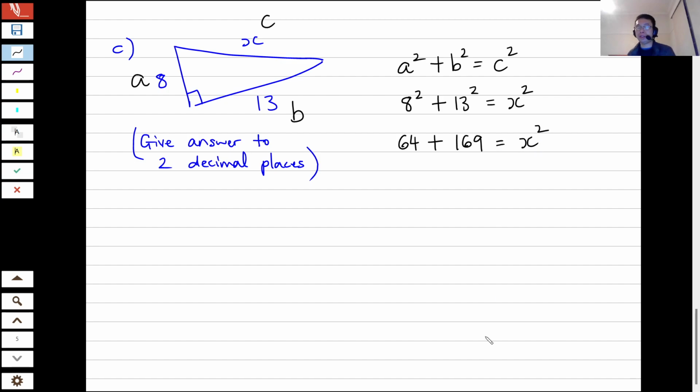And if I add those two numbers, I get x squared. You can use a calculator if you don't know 13 times 13. That's totally fine. Okay, if I add 64 and 169, I'm going to get 233.